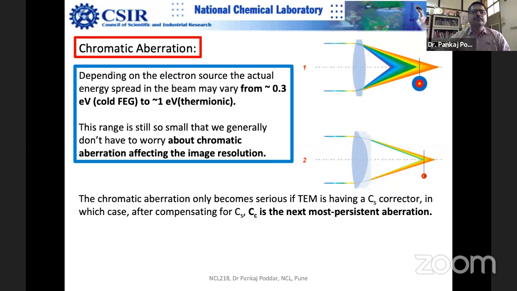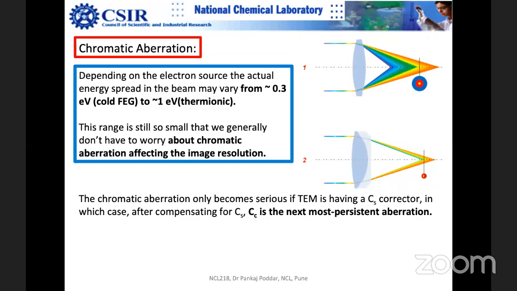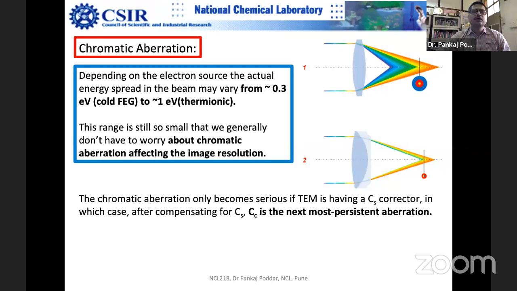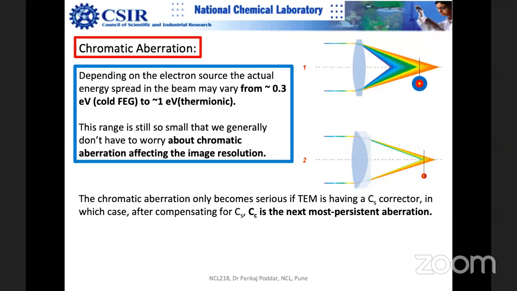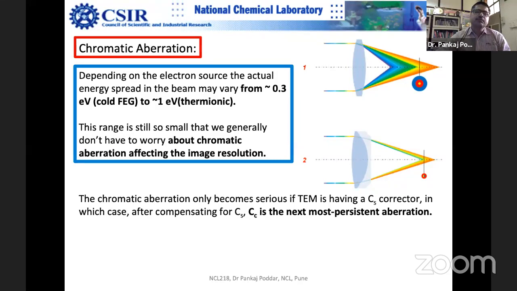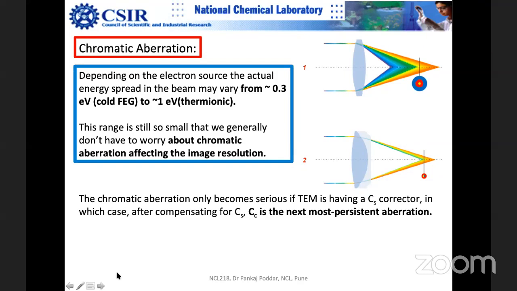I mentioned that the first thing which you have to worry about for chromatic aberration is basically your source. The chromatic aberration can be because of the energy spread in the electron source, which is around a few hundred milli electron volts for a cold field emission gun, and for thermionic it can be worse than 1 electron volt.